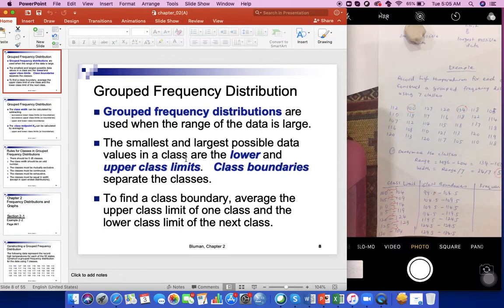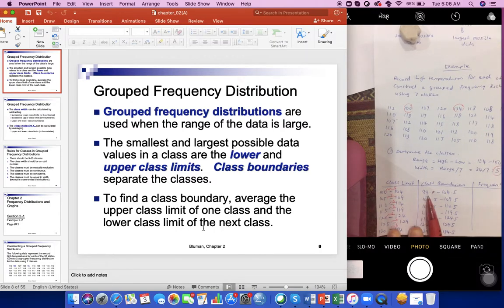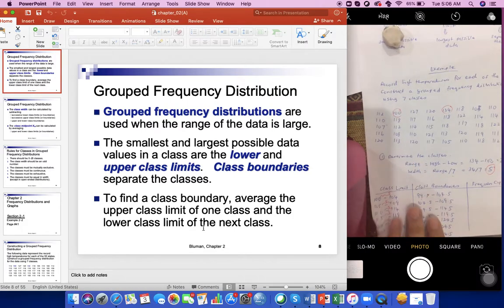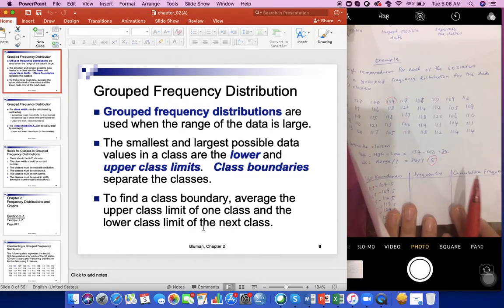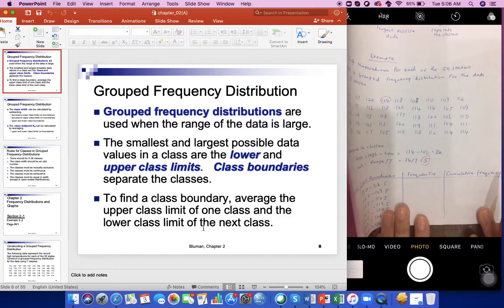To find the class boundaries, average the upper class limit of one class and the lower class limit of the next class. So 100 gives 99.5, 104 gives 104.5. Okay. And then frequency and cumulative frequency. Okay.